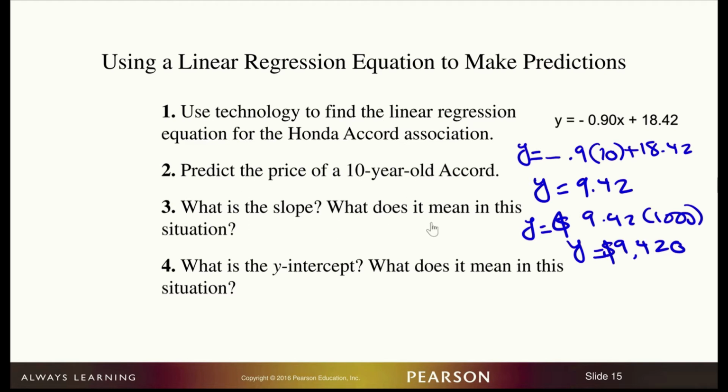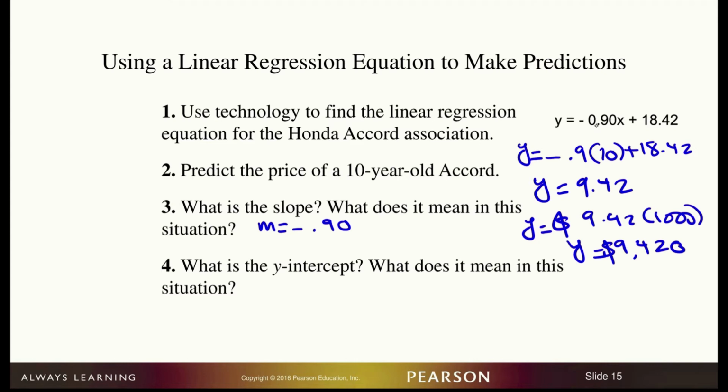So what is the slope of the model? Well, right there we can see the slope is negative 0.90. So we know that m is negative 0.90, which means this is a negatively sloped line, a linear model.